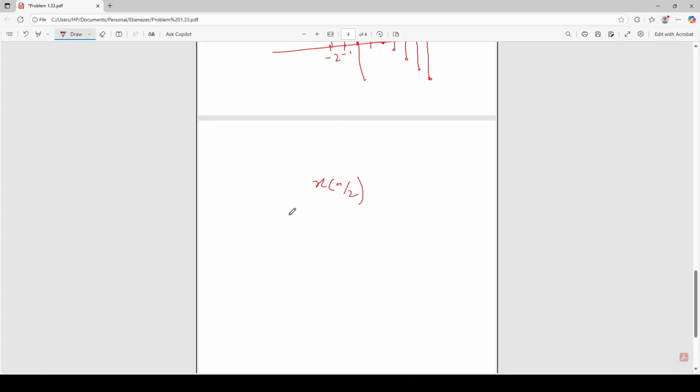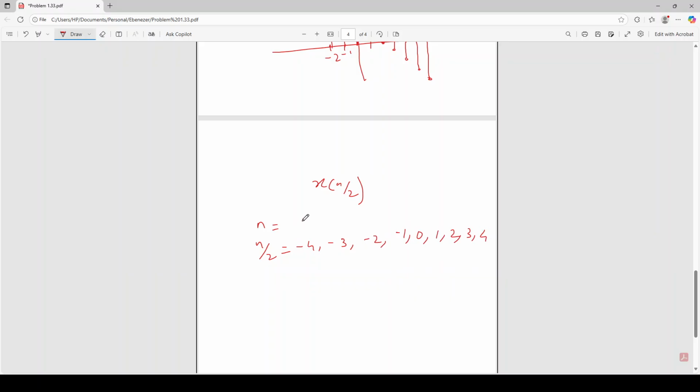So you put n's values. n/2 can take values -4, -3, -2, -1, 0, 1, 2, 3, 4.